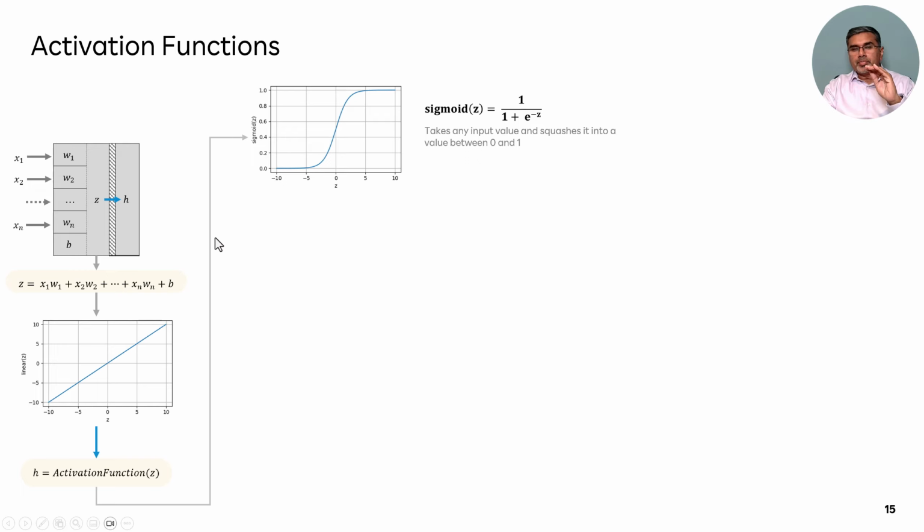Regardless of whatever input you pass, a sigmoid always squashes that input into a value between 0 and 1. The magnitude of the input can be anything. It will always output a value between 0 and 1. So it's kind of doing a squashing function between 0 and 1.